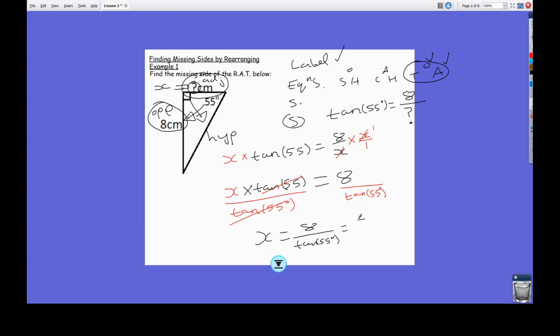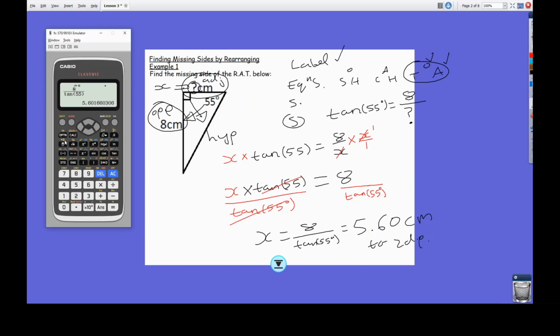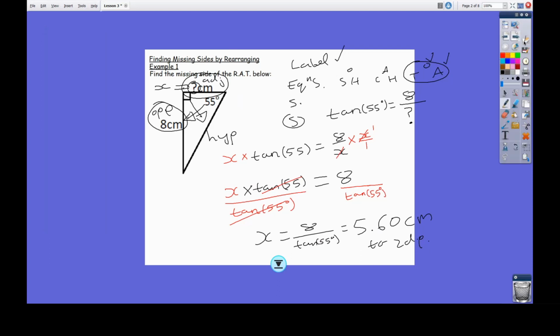So we end up with 5.60 centimeters to 2dp. But you might prefer just to say 8 divided by tan 55, and it gives you the same answer. So it's up to you, because really fractions just represent the solutions to a division problem. So let's go over to the next example.